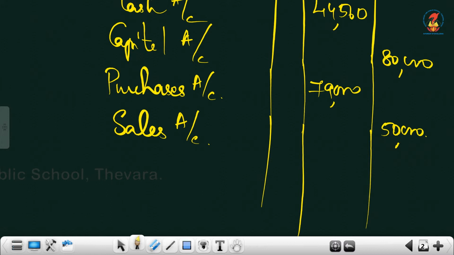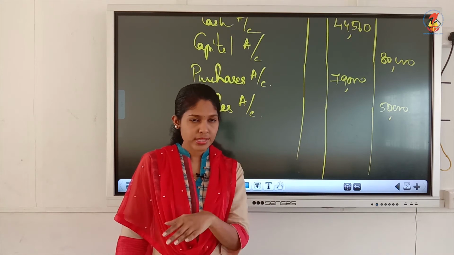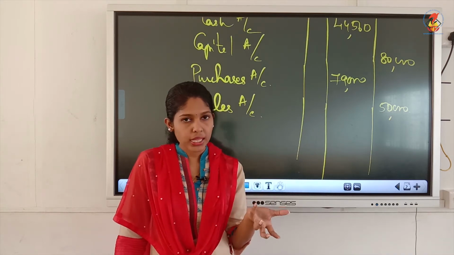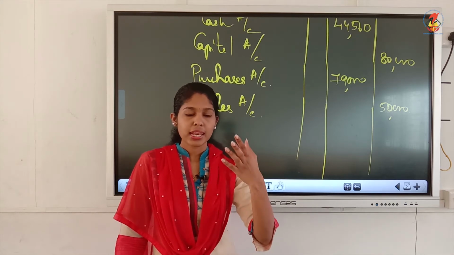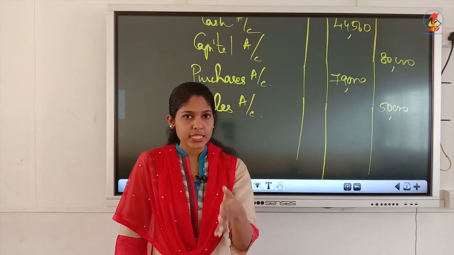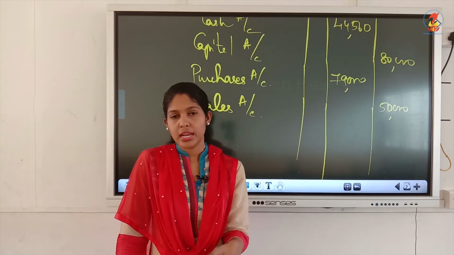Then Sohan's account, okay, look into Sohan's account. There is no balance for Sohan's account. Certain accounts we know that it will get automatically balanced. Automatically balanced means automatically it will tally. Both sides will be equal after you post the entries.